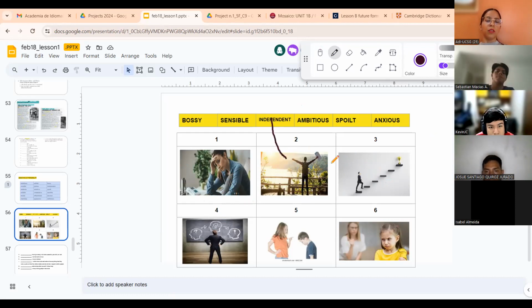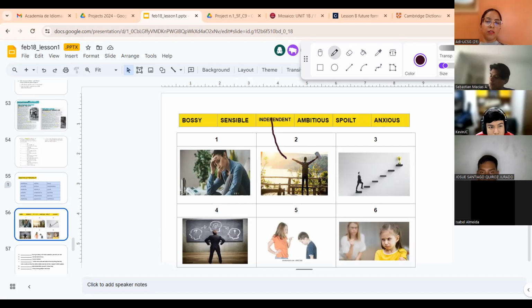We can see a person, this person is feeling free. He can do his stuff on his own without asking for permission. He feels confident enough to continue doing his stuff. All right, independent.